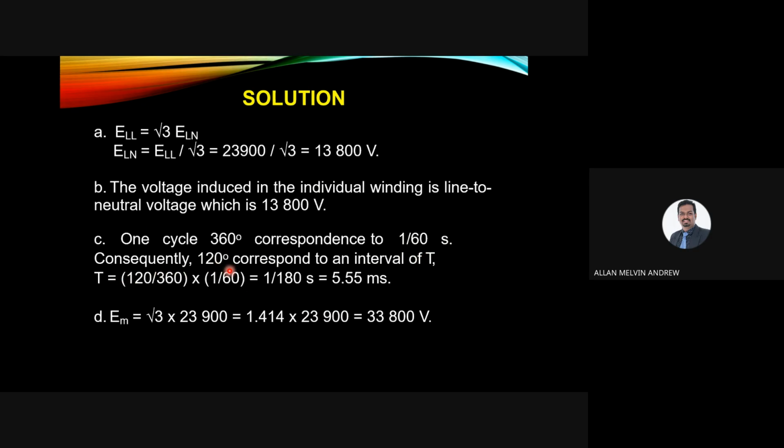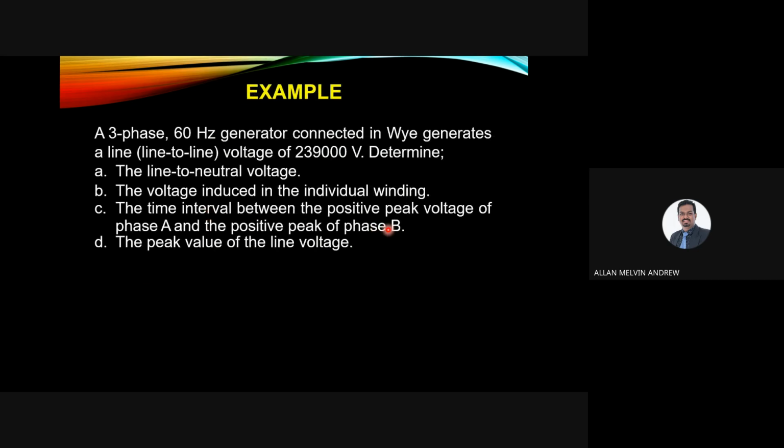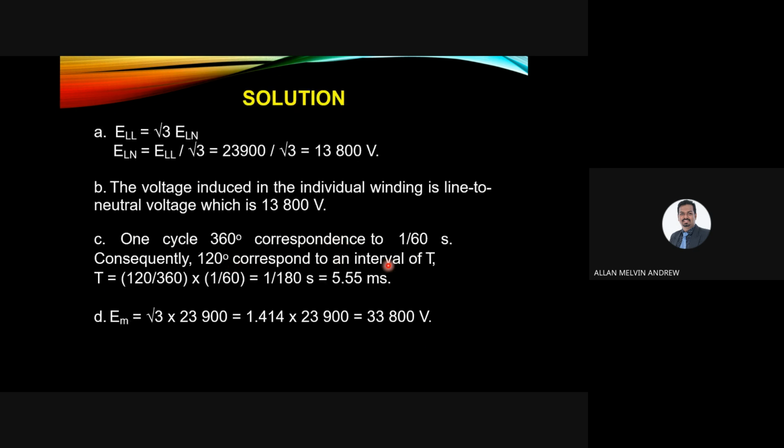Consequently, 120 degrees corresponds to an interval of t. The question asks for the peak voltage of phase A and the peak voltage of phase B, which are separated by 120 degrees. So t equals 120 divided by 360 times 1 over 60. When you solve this, you get 5.55 milliseconds.